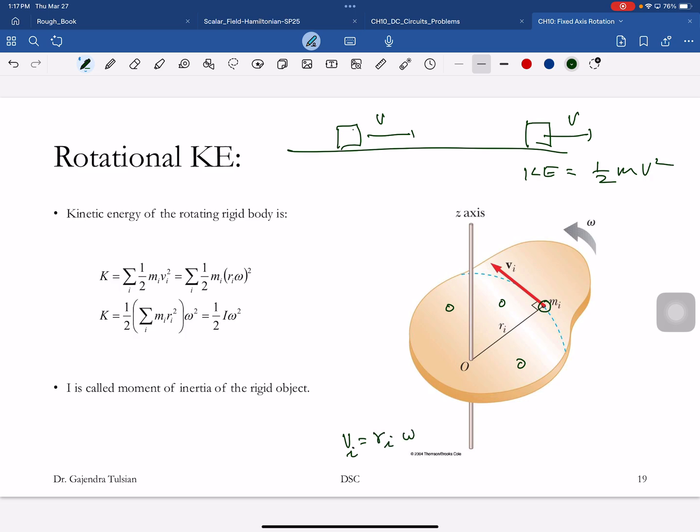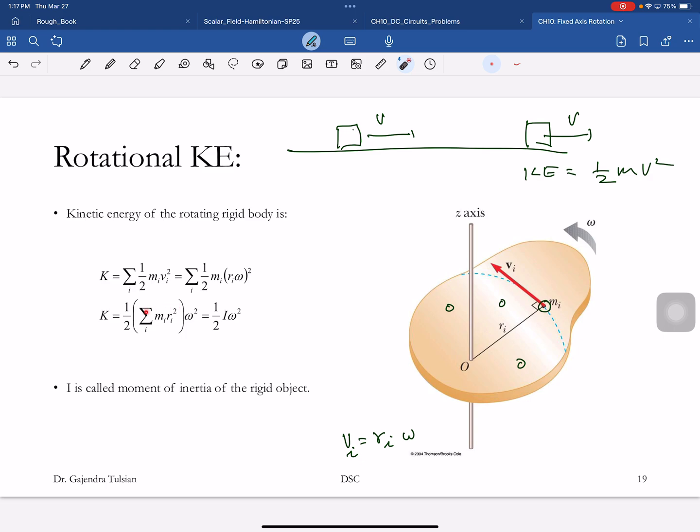Angular velocity is the same for every point on the object. We replaced v_i by r_i omega, so omega squared, which is constant, comes out of the summation sign, and the one half comes out too. Then you have the mass of each particle times how far you are from the axis squared.